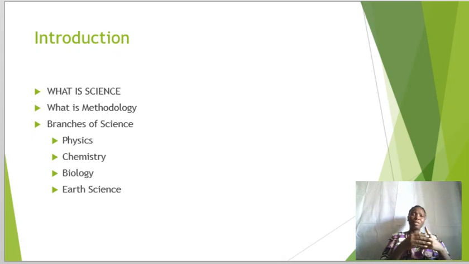How do we carry out this experimentation? Methodology is one study that looks into what are the different methods through which scientific experiments can be carried out. That is, when we look at scientific methodology, it's telling us about the methods that we use for scientific experiment, that we use for scientific problem.